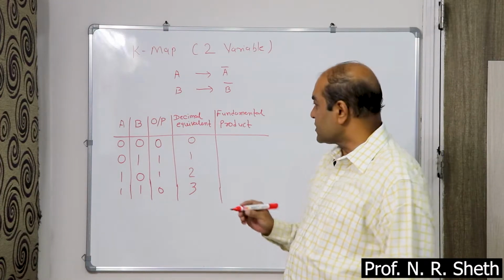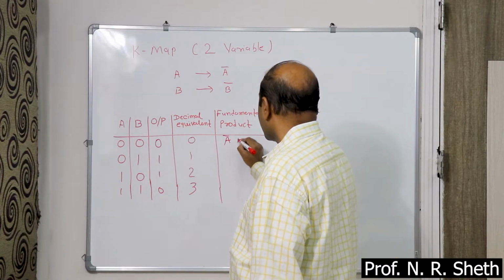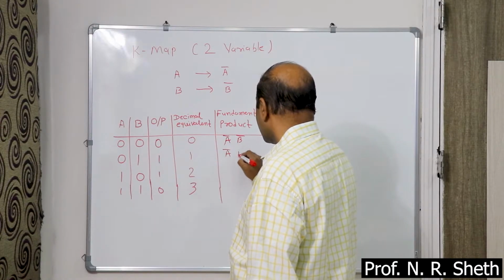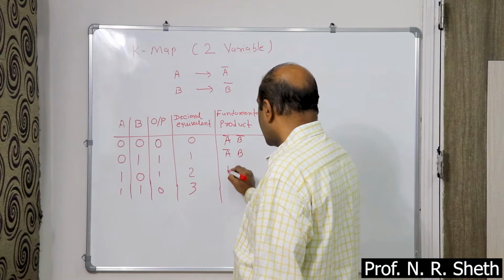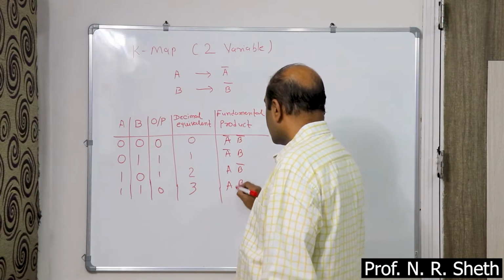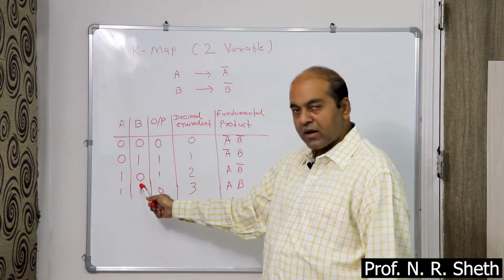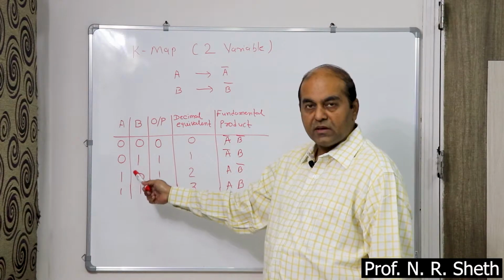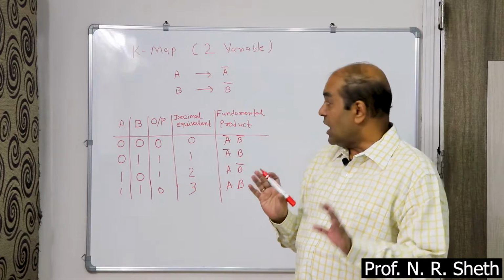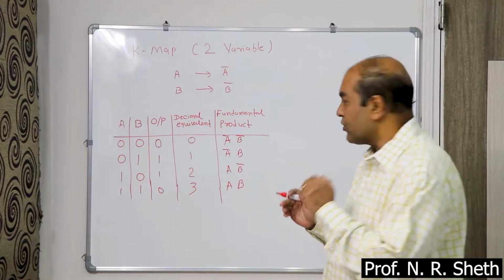Now fundamental products: A bar B bar, A bar B, A B bar and A B. Now this is represented in the following way.